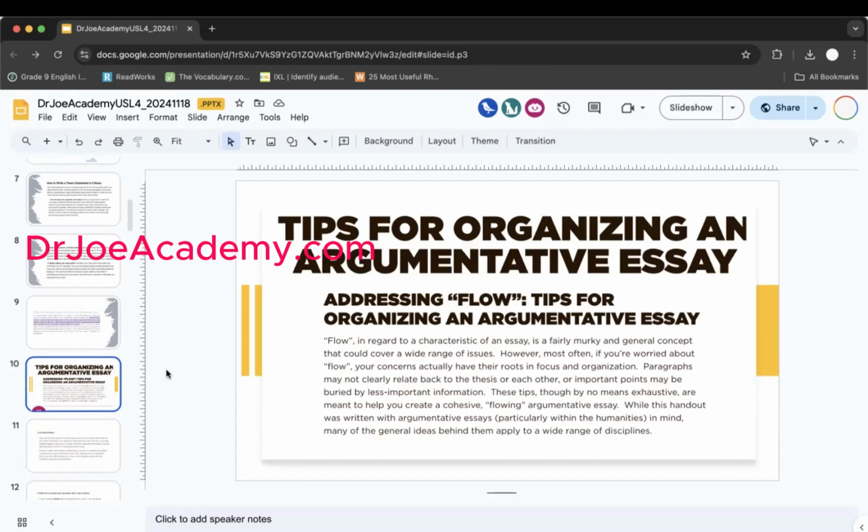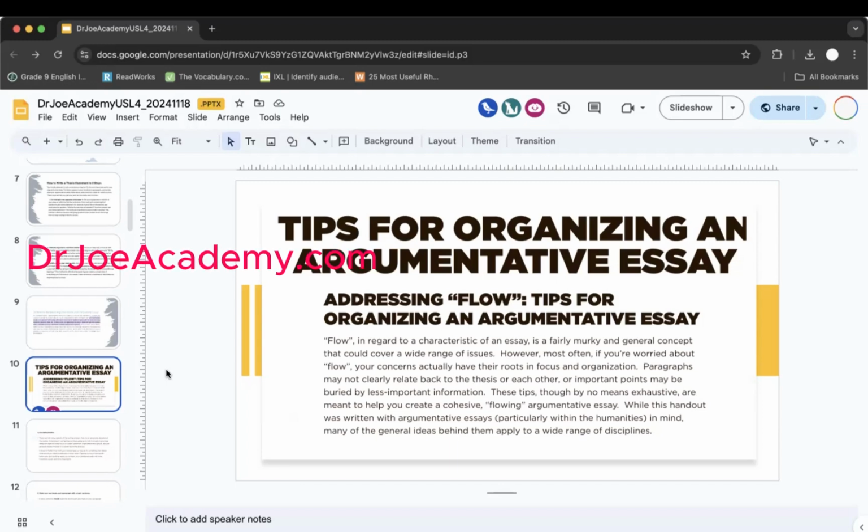Tips for organizing an argumentative essay. Addressing flow. Flow, in regard to a characteristic of an essay, is a fairly murky and general concept that could cover a wide range of issues. However, most often, if you're worried about flow, your concerns actually have their roots in focus and organization.